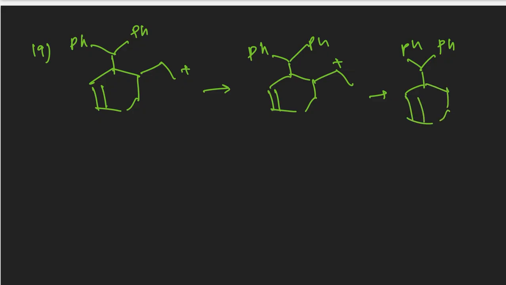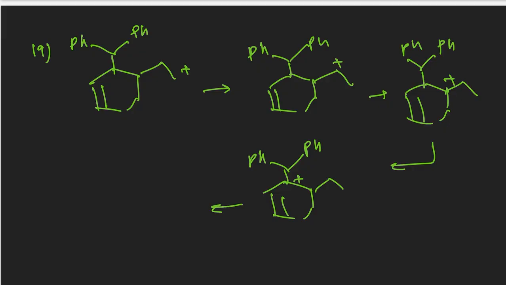Now it is again going to shift because it is again stabilized by resonance. Yes, one more shift because it is again stabilized by resonance, 2 phenyl groups near the carbocation. So how many shifts are there? We can say 1, 2, 3, 4. 4 shifts.